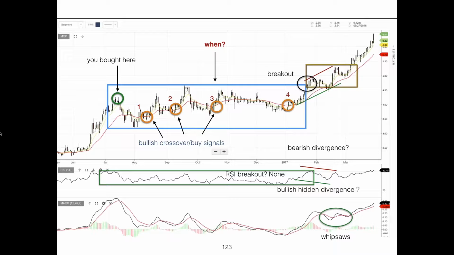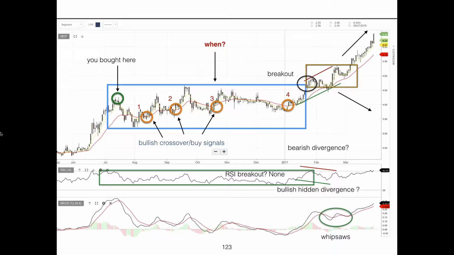Now this was the area where this confusion happened. So you don't know whether price will break down or break out. Luckily for the bulls, this resulted in a price breakout.